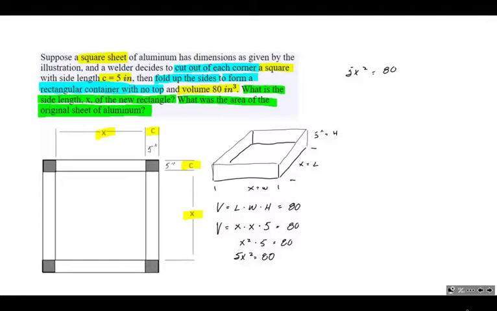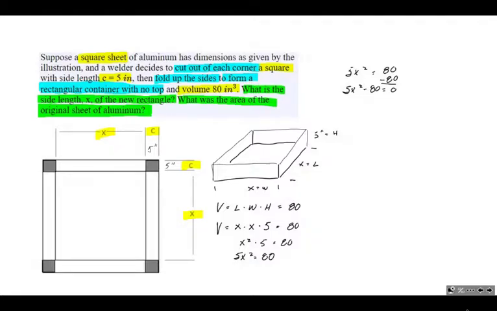So how are we going to do that in this case? We've got 80 on the right side of the equal sign, so let's move it to the left by subtracting 80 from both sides. And that gives us 0 over here and 5x squared minus 80 over here. So 5x squared minus 80 equals 0 is our new equation.